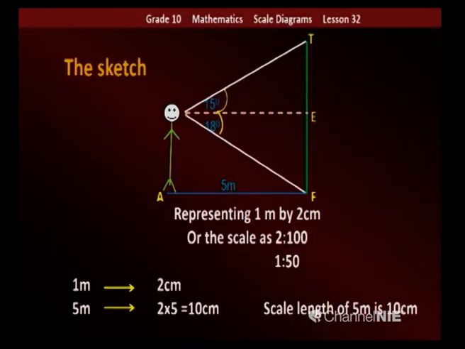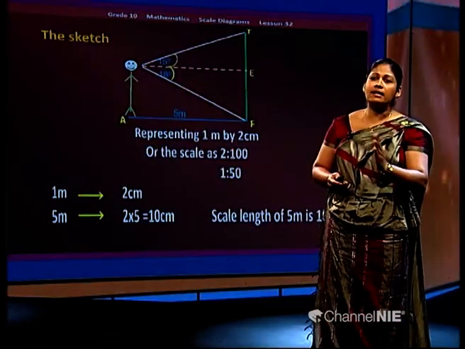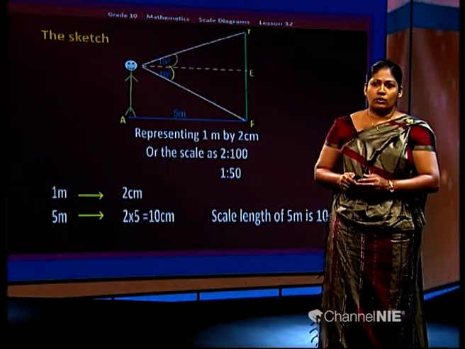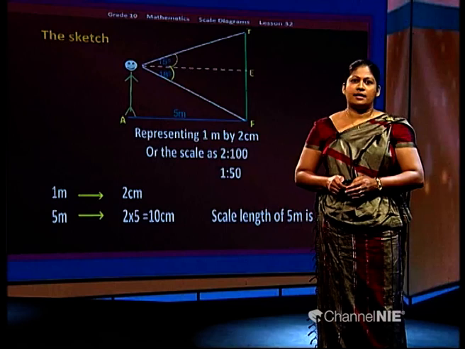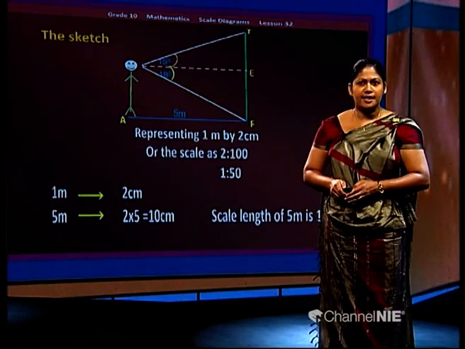So then, 5 meters by, see the way I have found there, 2 by 5. That is 10 centimeters. You got it? Yes. Now you know the scale length for 5 meters. That is 10 centimeters.